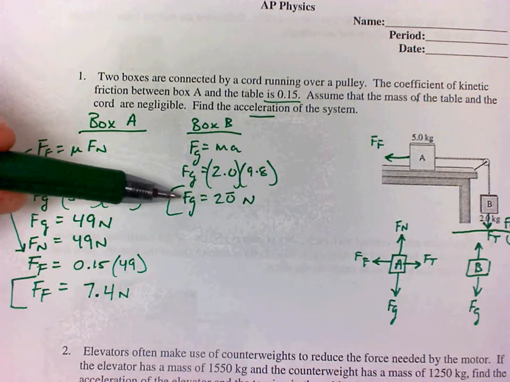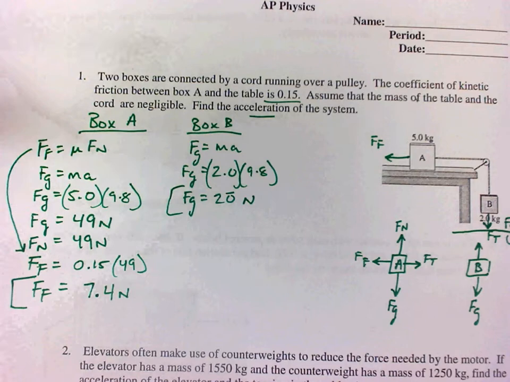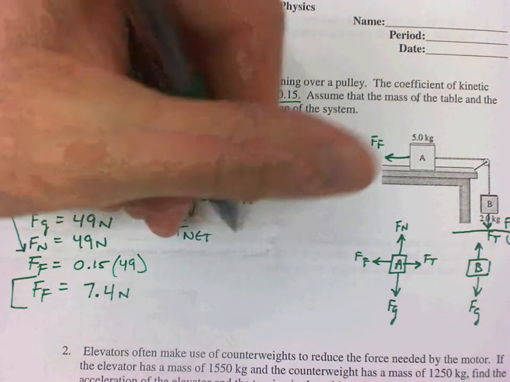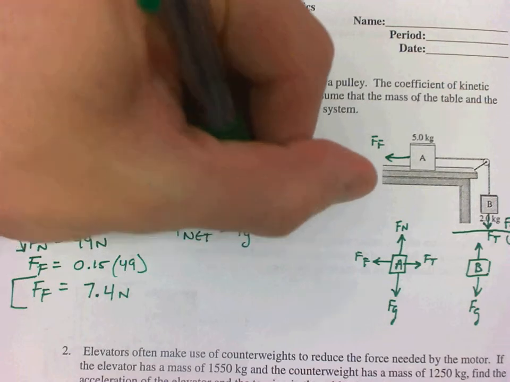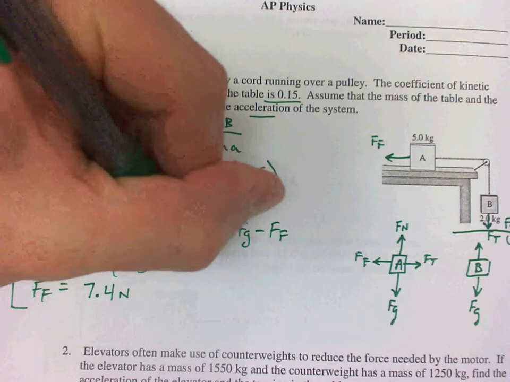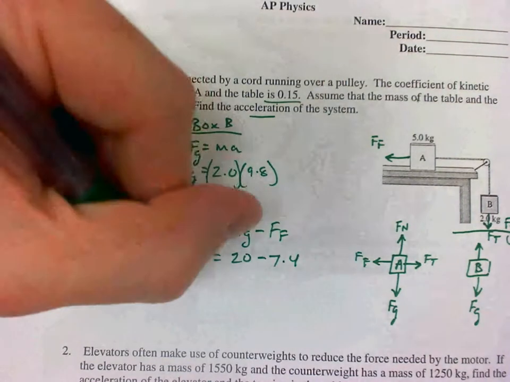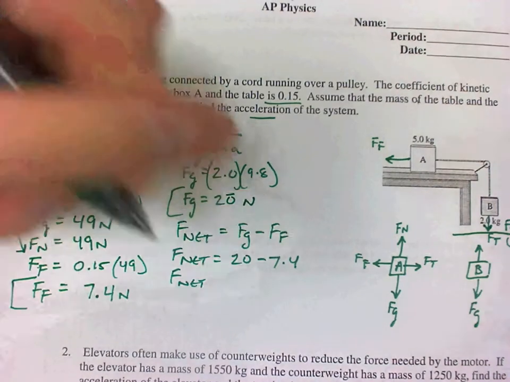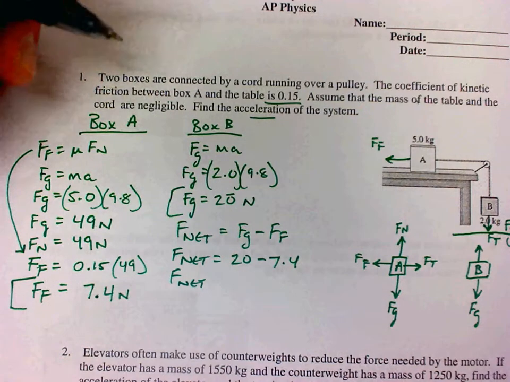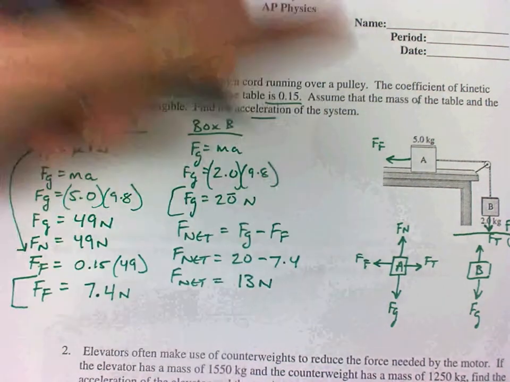The Ff is going to oppose the forward motion, which is caused by this Fg. So F net equals Fg minus Ff. F net equals 20 minus 7.4. And if we roll this back to 2 sig figs, F net is going to be 13 newtons.